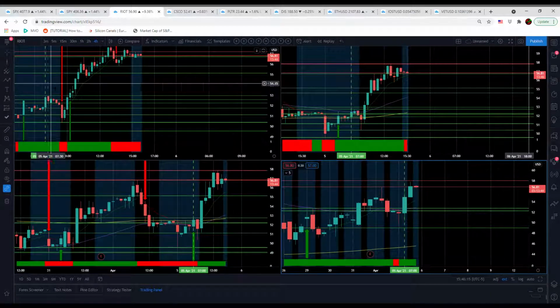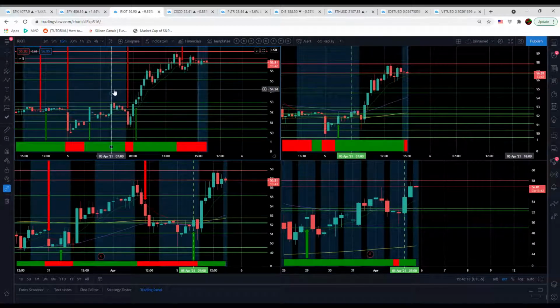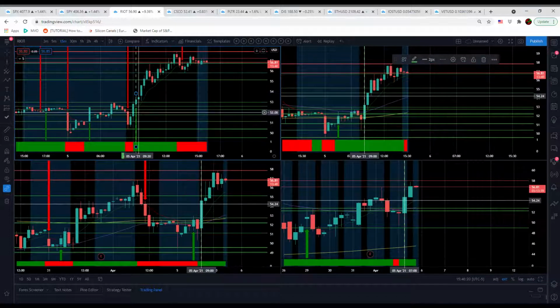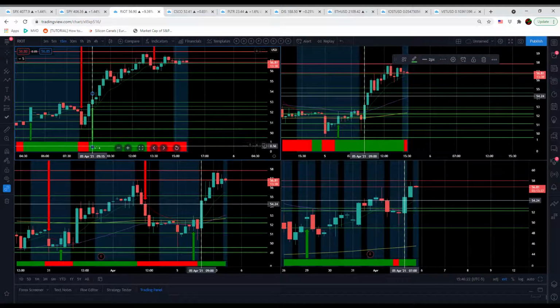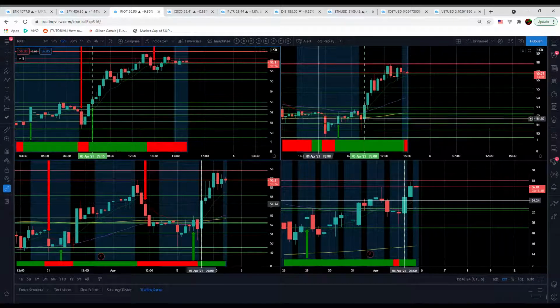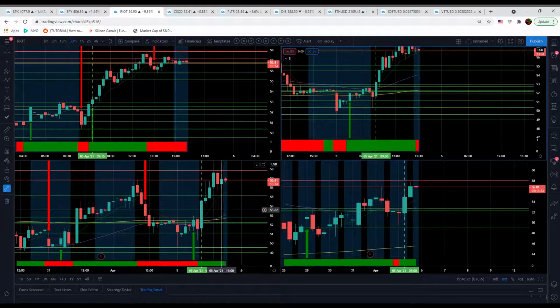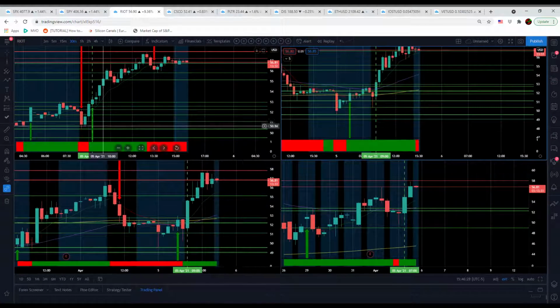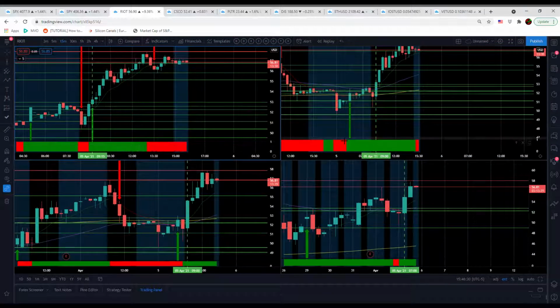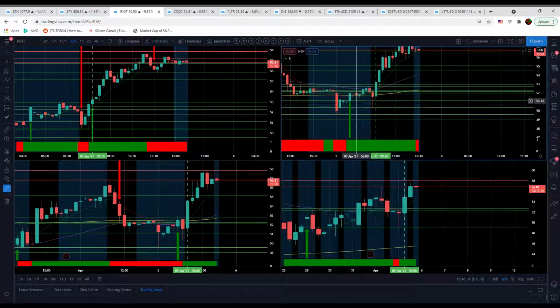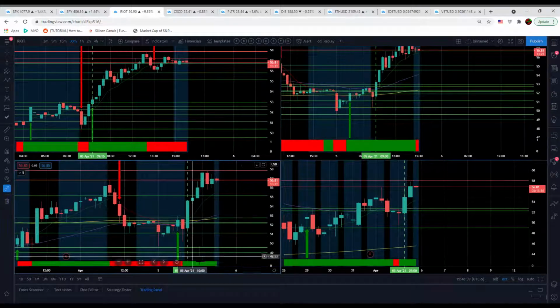So let's see. This is pre-market. This is 15 minutes. That's pre-market. This is where the 15 minutes arrow fired and the meter turned green. So as you can see, everything's lining up. 15 minutes meter is green, 15 minutes arrow is green, 30 minutes arrow is green, 30 minutes meter is green, 1 hour meter is green.